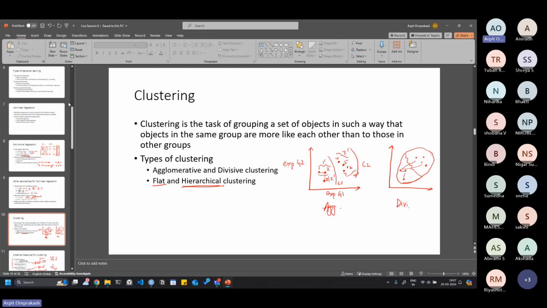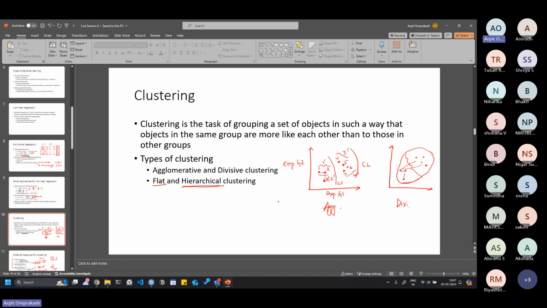Agglomerative is basically you initially consider each of the elements as single clusters, then you combine clusters to build bigger clusters. However, in divisive clustering, you basically have one cluster in the beginning consisting of all the data, and you divide it into different clusters based on some distance measure.